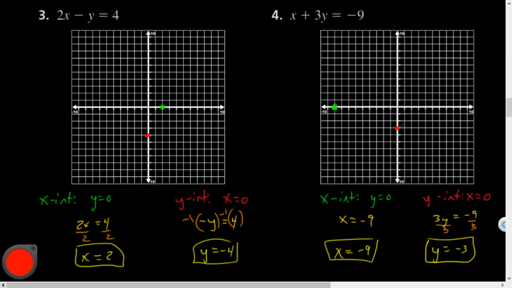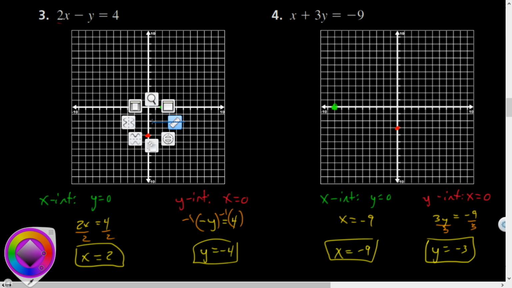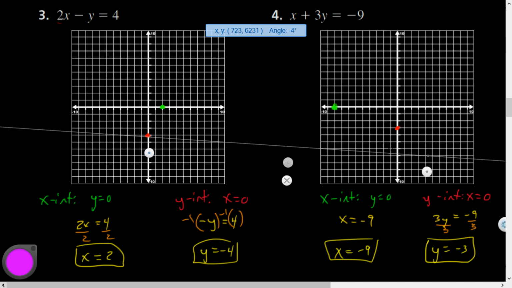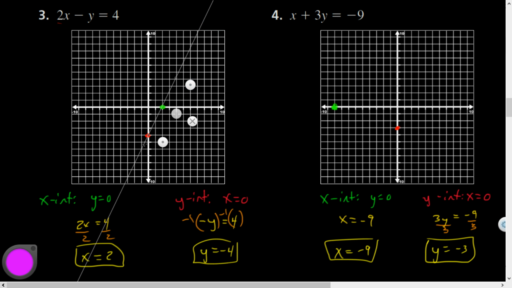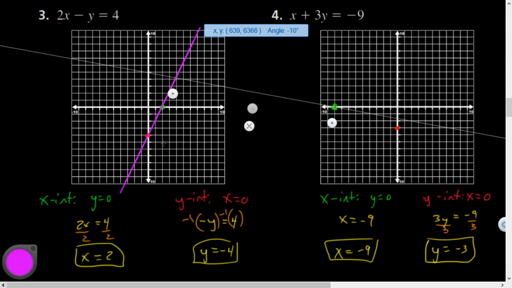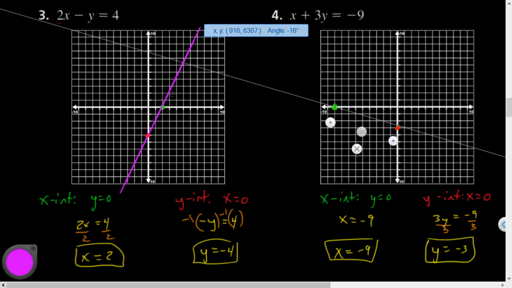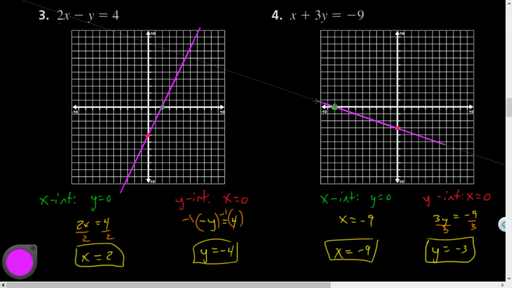Now that I have these intercepts, I can graph all solutions of this equation, the infinitely many of them, by connecting these dots, drawing the line that has those given intercepts. So those are the graphs of those equations, and I think this was way easier than making a table of values, where you could have a whole bunch of weird fractions.